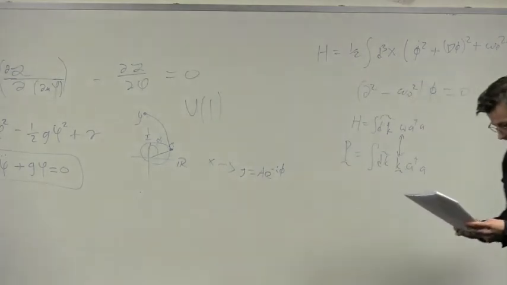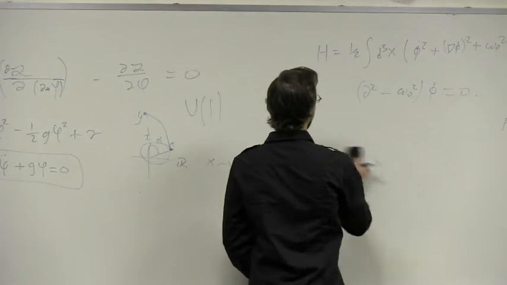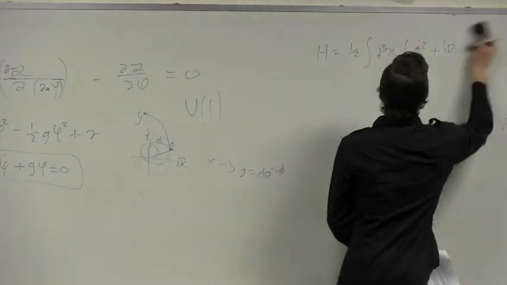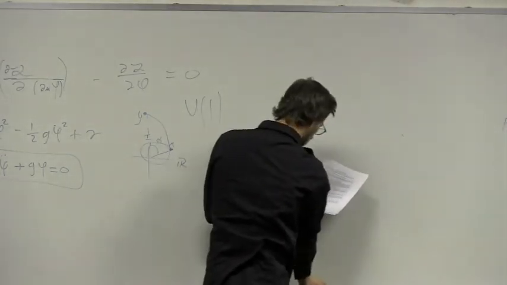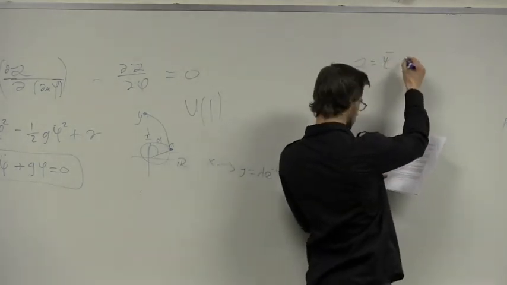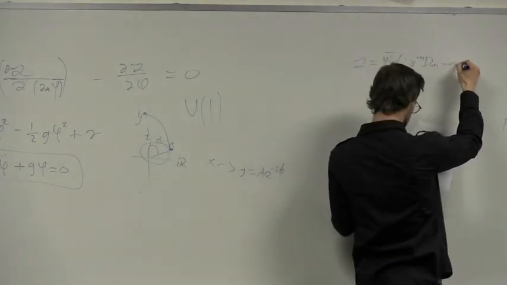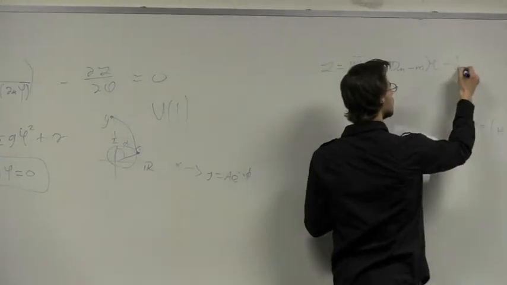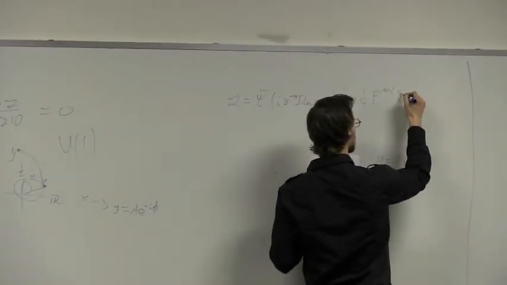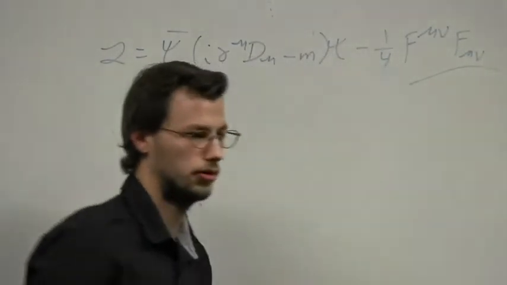All right, so let's start from the simple Lagrangian. It's not so simple. It's on the bottom of page 7. So I showed you what this is, minus 1/4 F mu nu F mu nu.